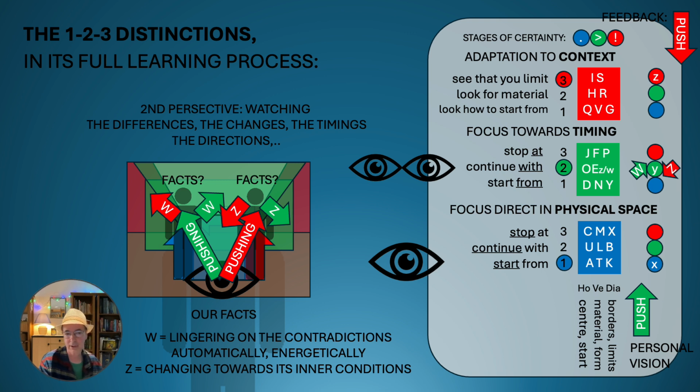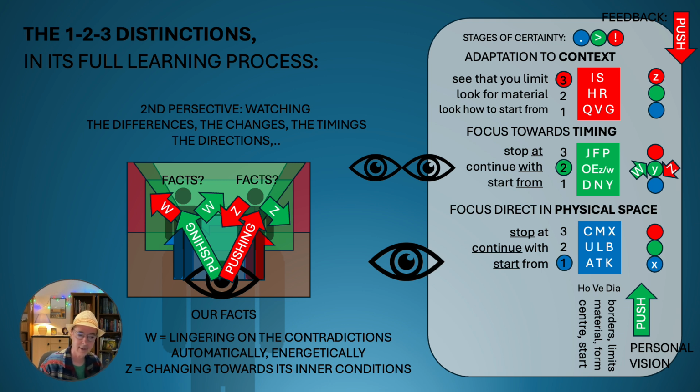And the Z is already the push backward. So you have a push forward to the outer world and lingering on, and no longer have that energy to push further, and so you can sense, okay, but what do I have left? And that's the second question. What do I have?